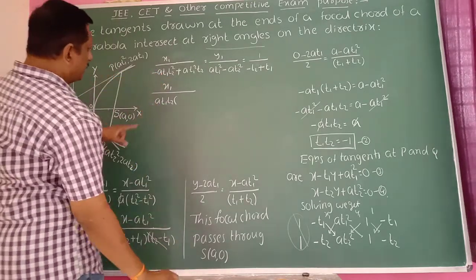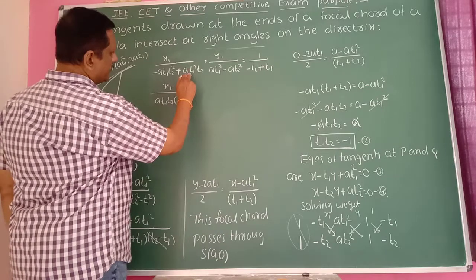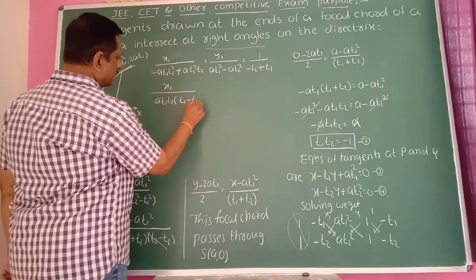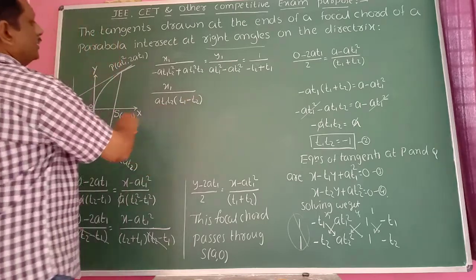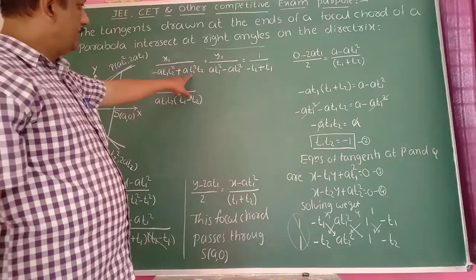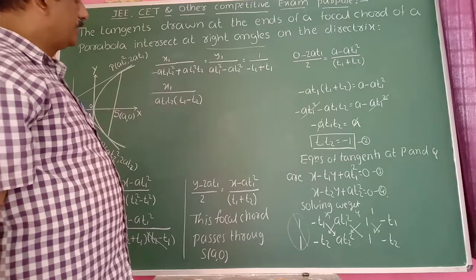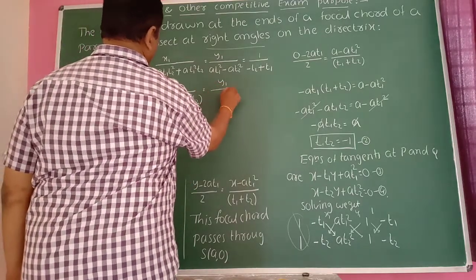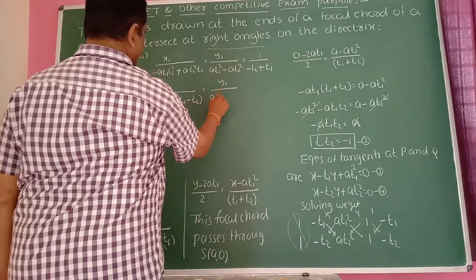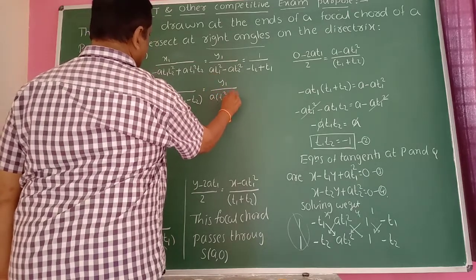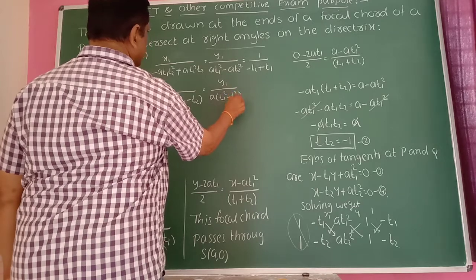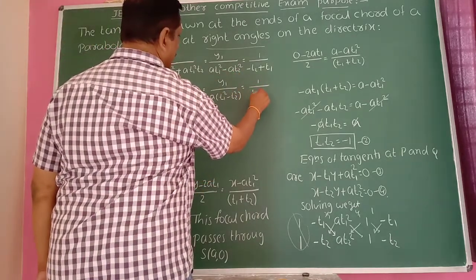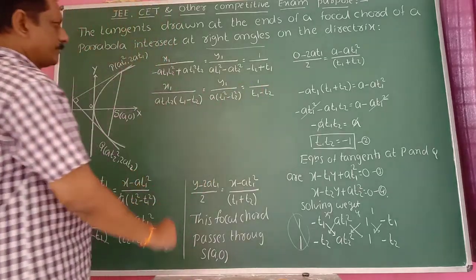Take a into t1 t2, so here remaining is t1, and here is minus of t2. And this is equal to y1 divided by, here a is a common factor. t1 square minus of t2 square is equal to 1 divided by t1 minus of t2.